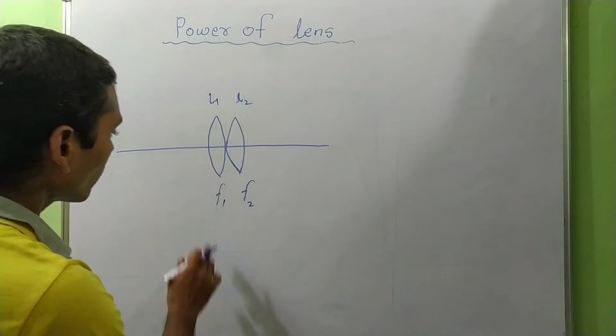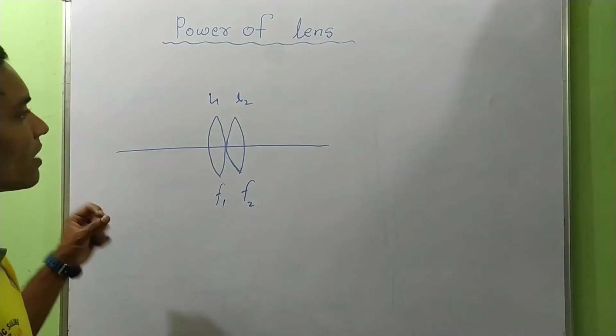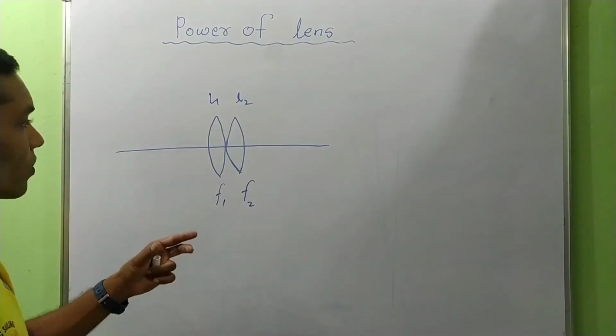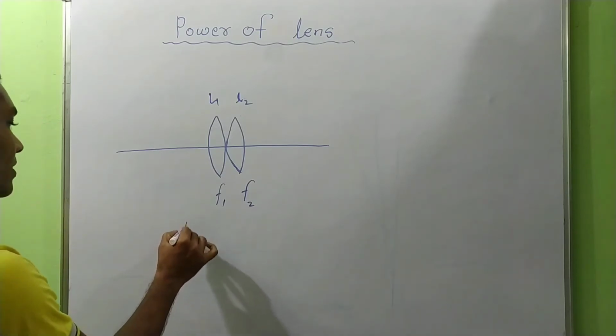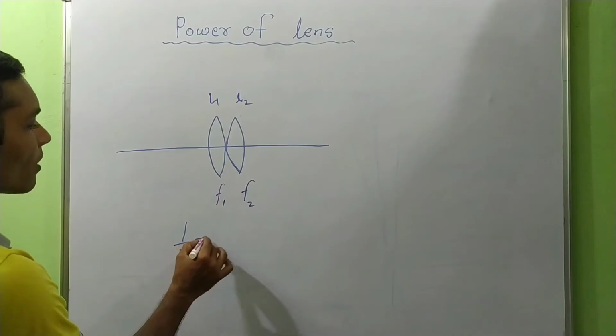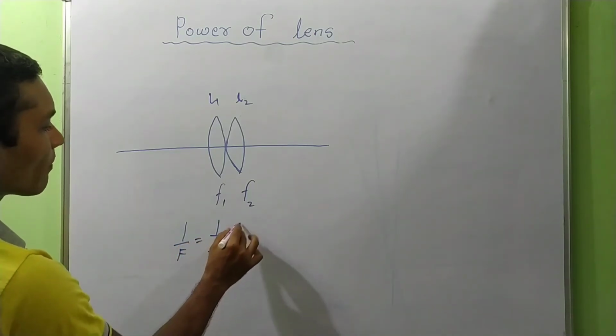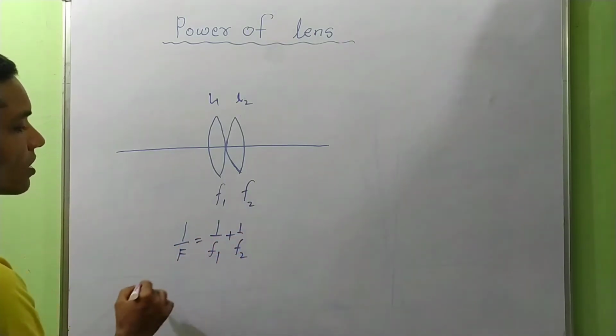The equivalent focal length, or the total focal length, for the combination is given by this formula: 1 upon f equals 1 upon f1 plus 1 upon f2. This is the formula.